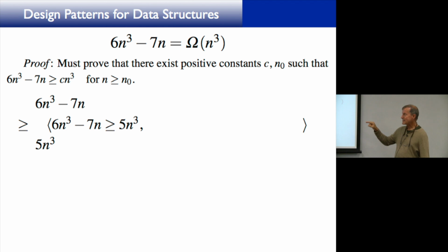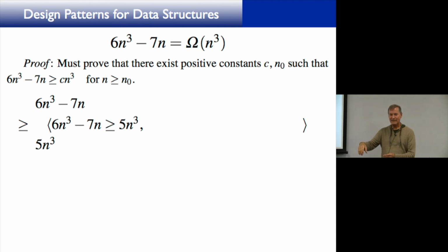But look, now that it's 6n cubed minus 7n is greater than or equal to 5n cubed, what can we do with math? Take the 5n cubed to the left, and take the negative 7n to the right, and what do we have? n cubed is greater than or equal to 7n. Yeah, and now we've finessed it.